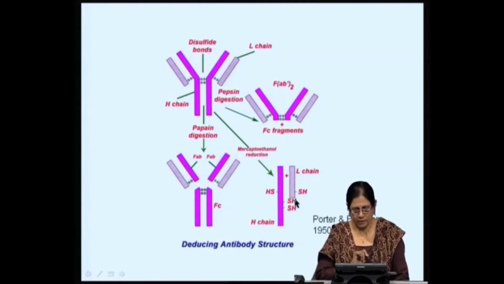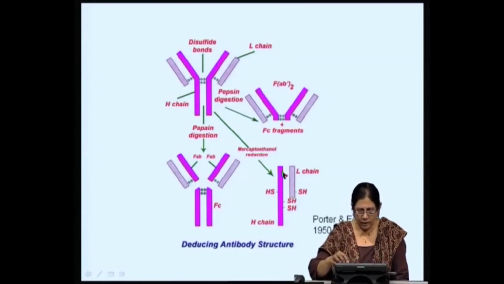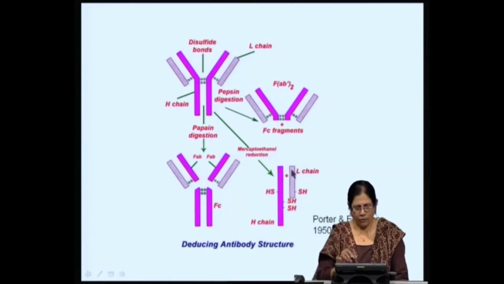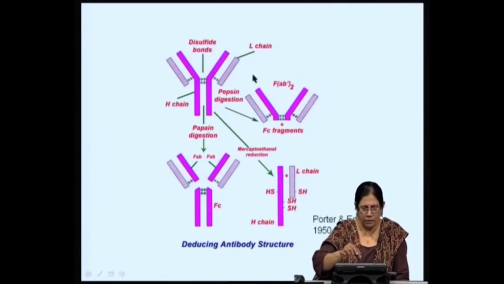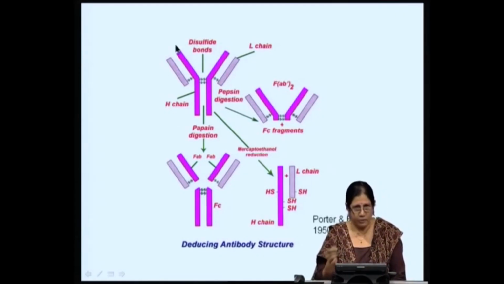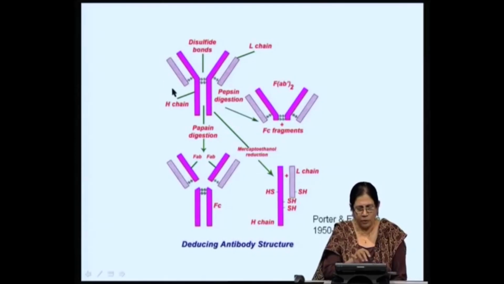When they looked at the size of the two, they realized immediately that the structure should be much larger. The size of the heavy chain is only around 55 kilodalton and the light chain is around 25. They knew that the whole protein molecule was around 150,000. Therefore, they could do a simple calculation and surmise that the immunoglobulin molecule is made up of two heavy chains and two light chains.